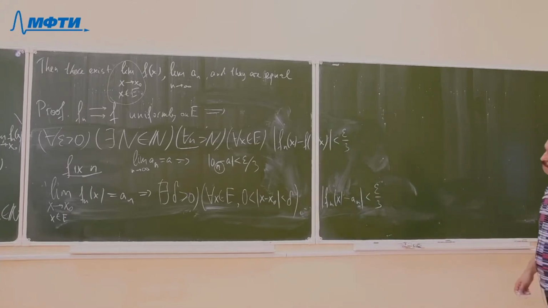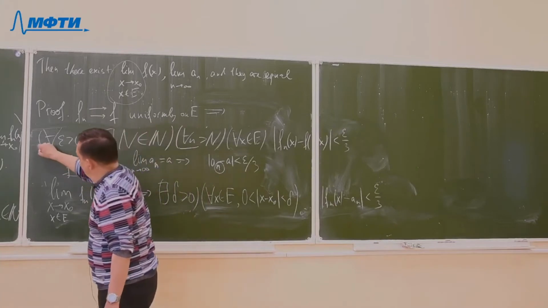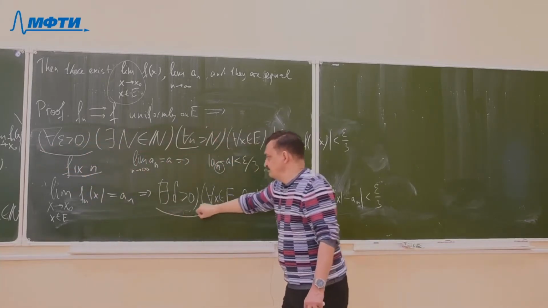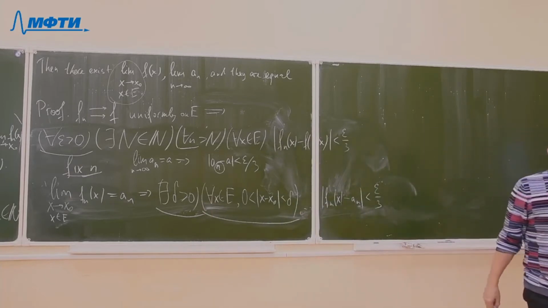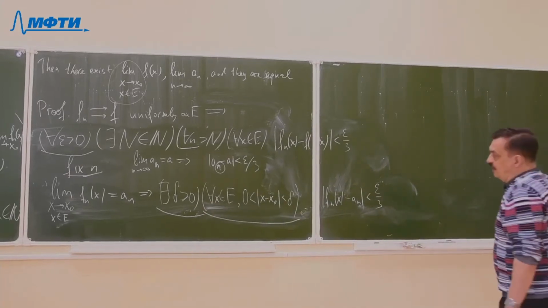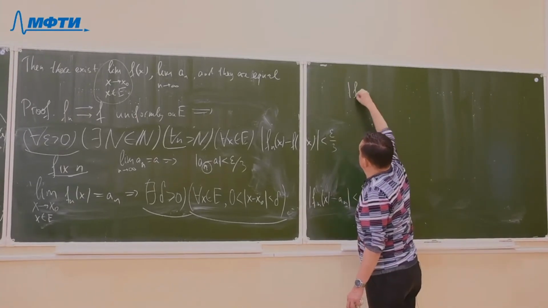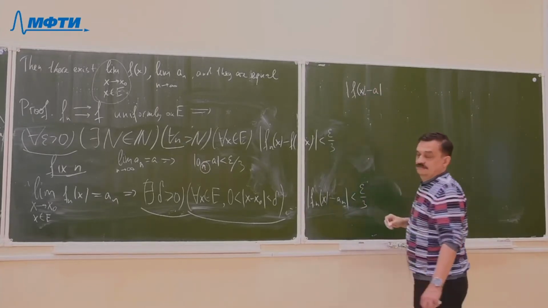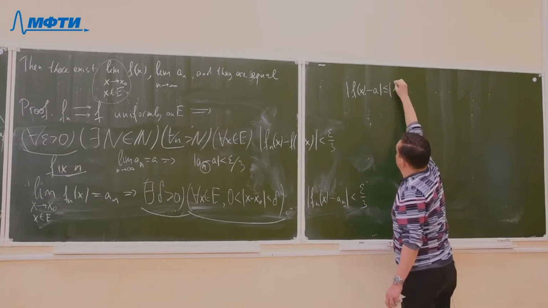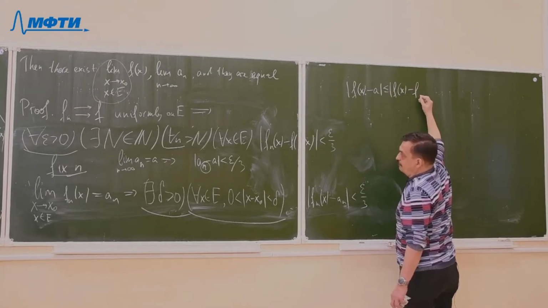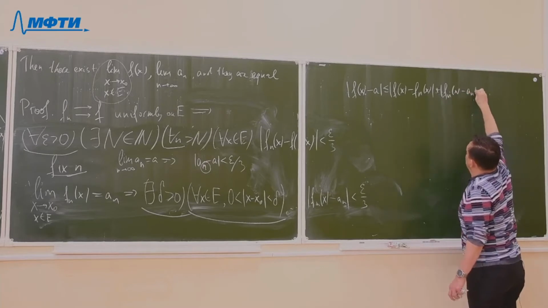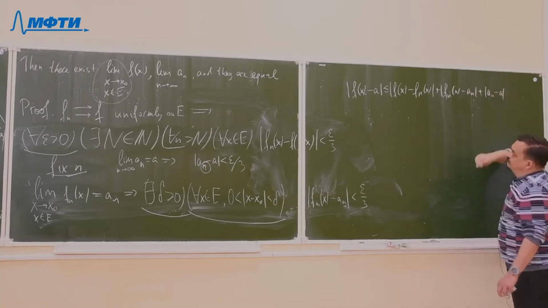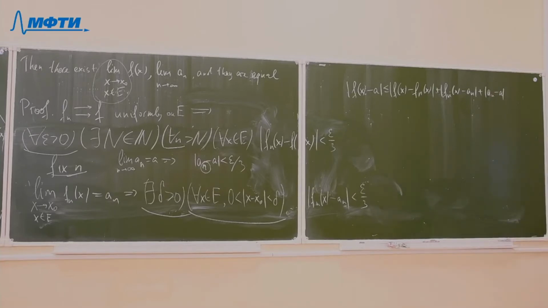Now, look. So, for arbitrary epsilon greater than 0, we have found delta positive such that for all x in E satisfying this inequality, I can write the following chain of inequalities. |f of x minus a| is less or equal to |f of x minus fn of x| plus |fn of x minus an| plus |an minus a|, where I choose the same fixed n.